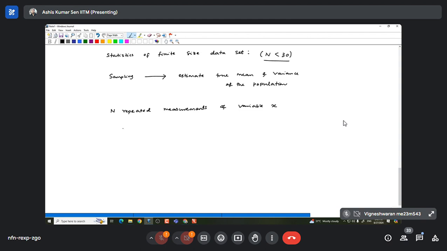Now, when n becomes infinity, you are talking about infinite statistics, where you talk about the true mean and variance of the population. When n is finite, you talk about the mean and variance of a finite data set.